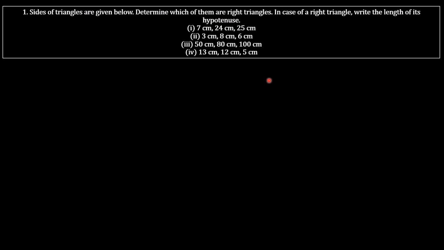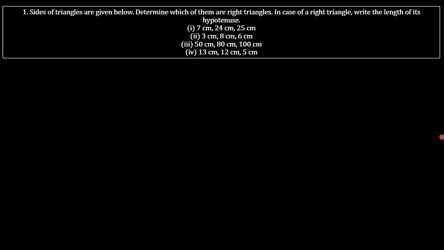We'll apply the same here. To check whether the triangle is right or not, we'll use the Pythagoras theorem: in a right triangle, the square of the hypotenuse is equal to the sum of the squares of the other two sides. Since the hypotenuse is the largest side of the right triangle, we'll take the largest side.